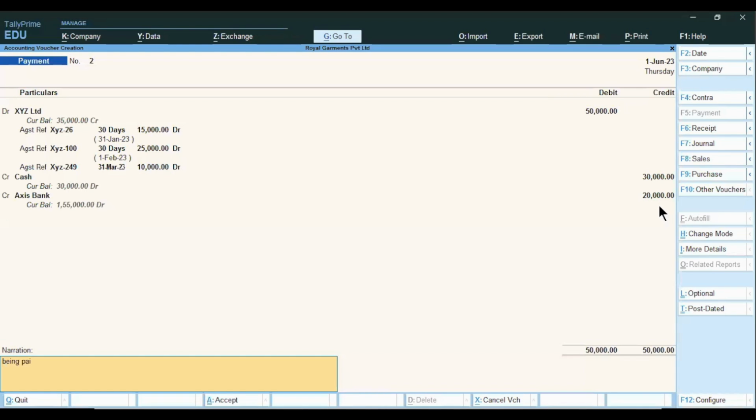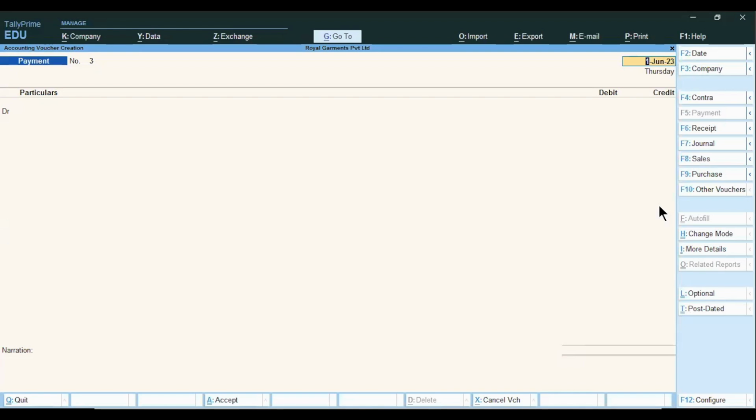Being paid to creditor in cash as well as through bank. Enter. This is how we can make payment to a creditor. Same way we can receive money from a debtor. So we need to give bill allocation, and whether you are receiving the money in cash or bank, that we have to select. So this is known as bill allocation.